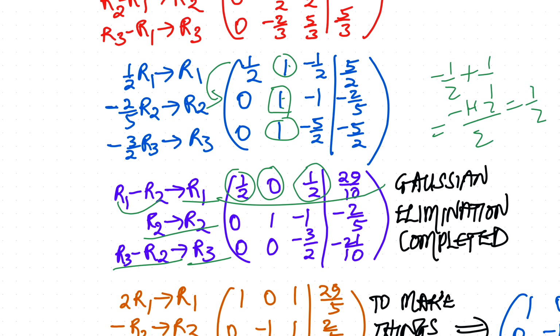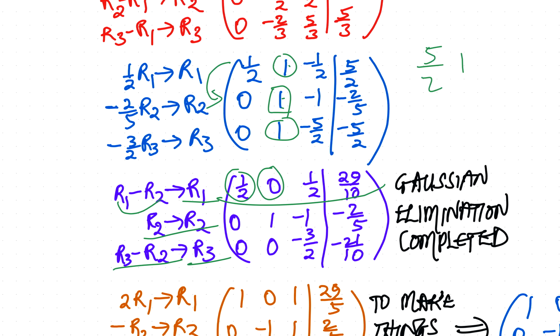Then you also have the next one, 5 over 2 minus 2 over 5. That is 5 over 2 plus 2 over 5. The LCM is 10. 2 in 10 is 5, 5 times 5 is 25. Plus 5 in 10, 2, 2 times 2, 4. So you get 29 over 10. So this is why you have this 29 over 10.